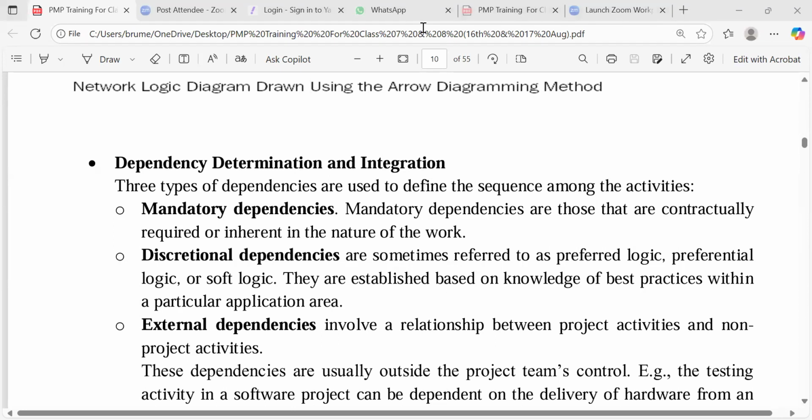Yeah. Exactly. The successor activity depends on the predecessor activity to be completed. And they are mandatory because it's the nature of the job. There is no way we can change that orientation.